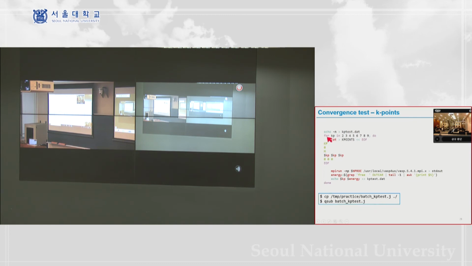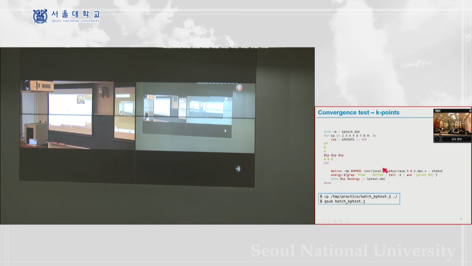Here, similarly, we are changing the number of K points in one direction, 2, 3, 4, 5, 6, and we write that information into the KPOINTS file and then run simulation and get energy information.